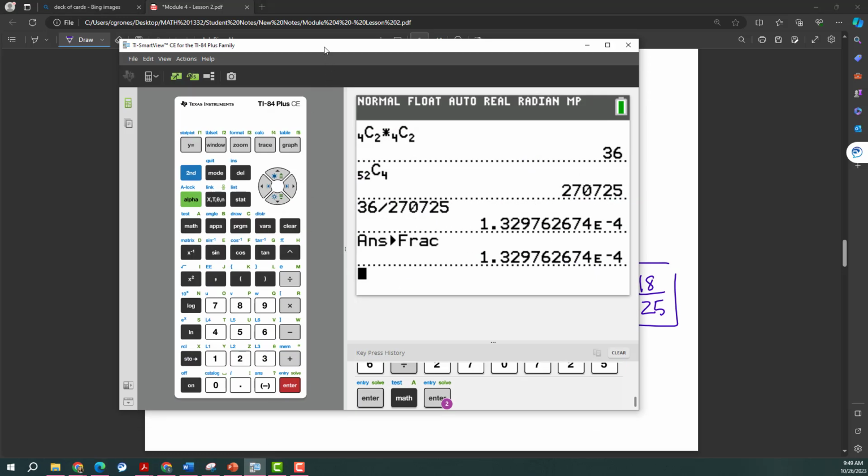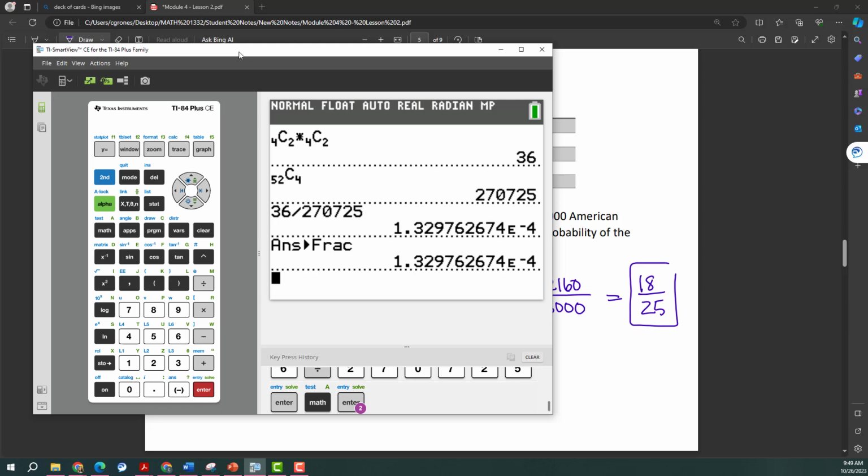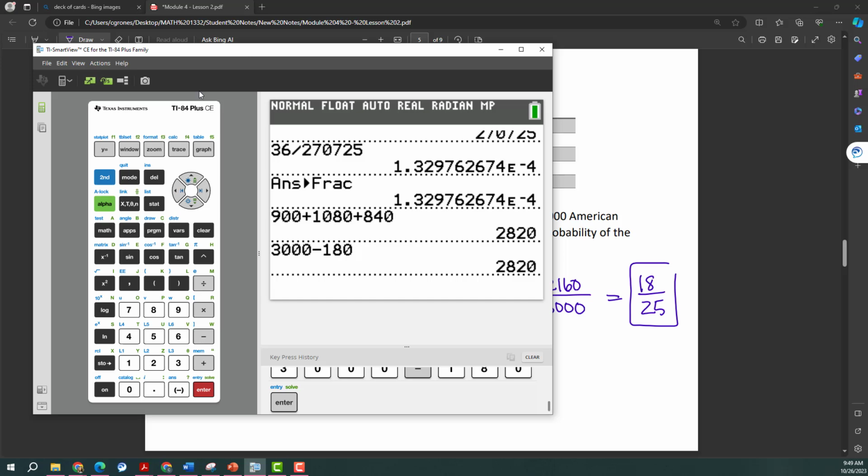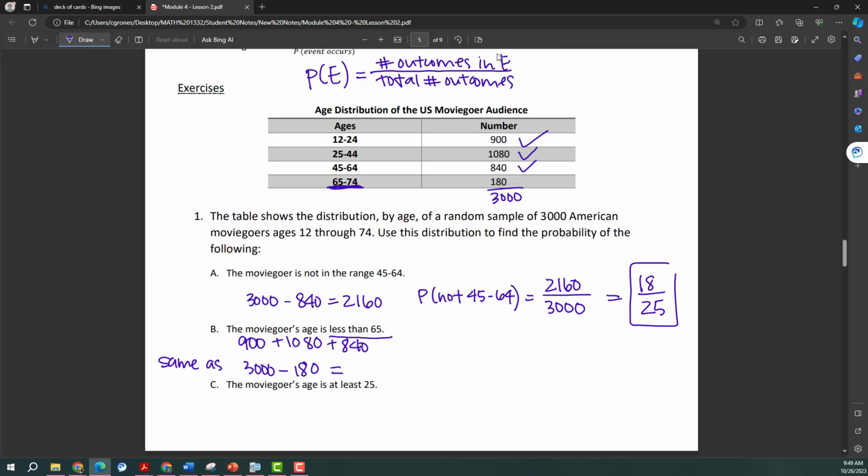So let me show you that they are the same thing. So we have 900 plus 1080 plus 840. We get 2820, and then we are going to subtract the 3000 minus 180, and we get the same thing. So either way, you'll get the same thing.